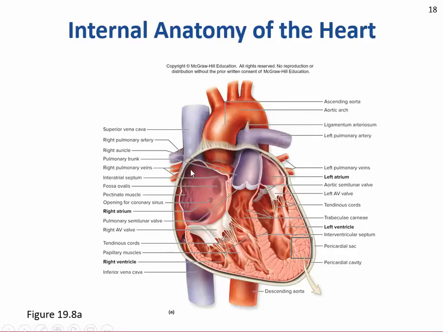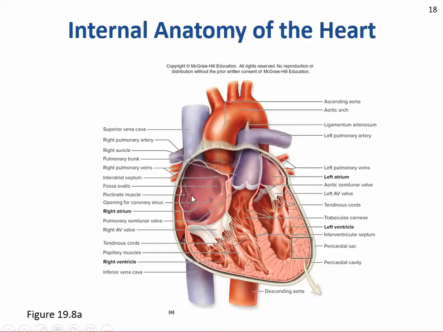So the lining of both atria here have got these little ridges that look like you've taken a comb and run it through the tissue. So they're called the pectinate muscles.